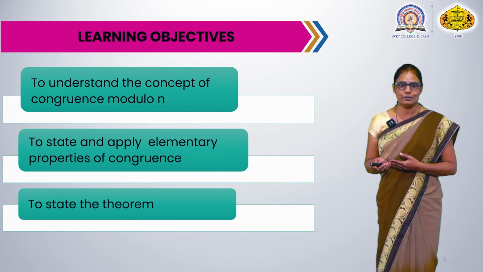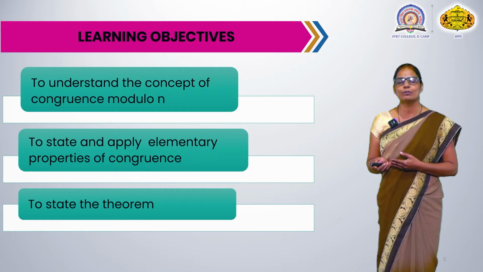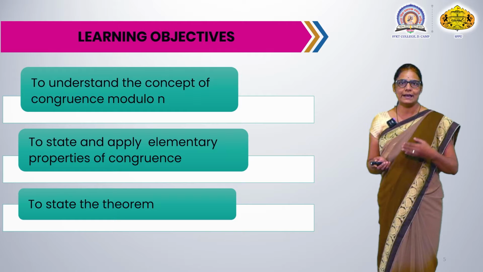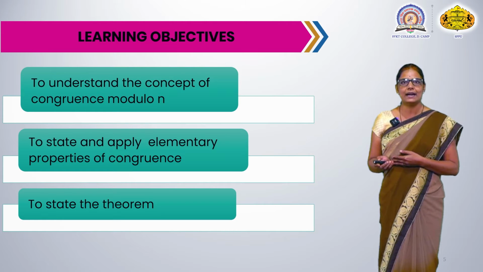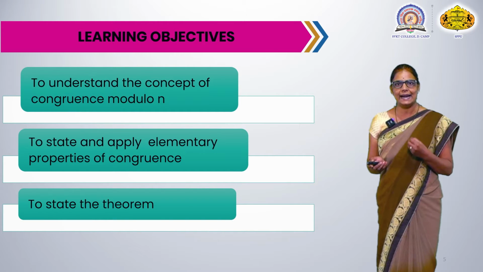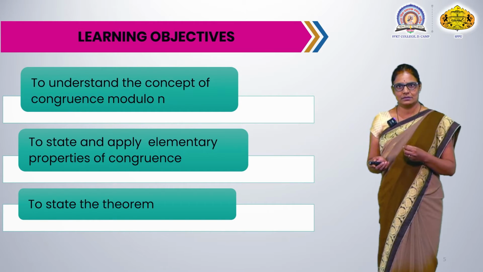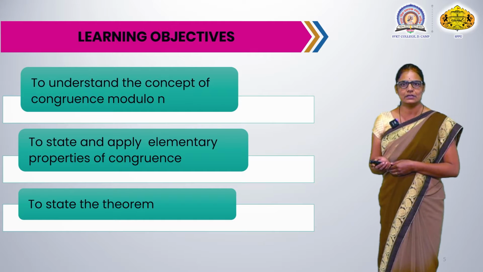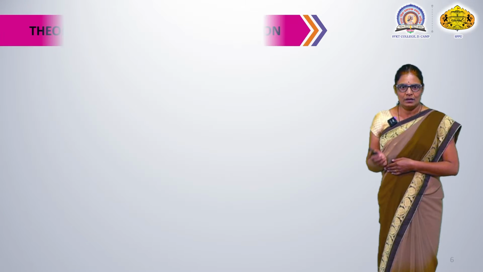Also students will be able to state and apply the elementary properties of congruence. All these properties are very useful while solving problems. Students will also be able to write the relation between the congruence of two integers and the residue of the two integers in the division by b.